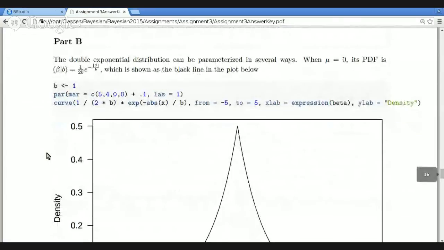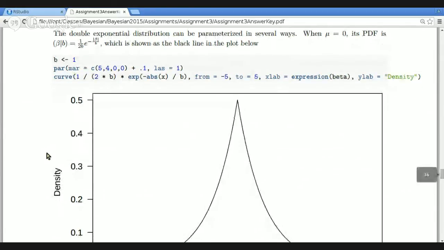There's also a number of different ways to construct a double exponential distribution, and a double exponential distribution is pretty popular among Bayesians as a prior on coefficients. So it has this PDF, 1 over 2b times e to the negative absolute value of the coefficient divided by the scale parameter b.